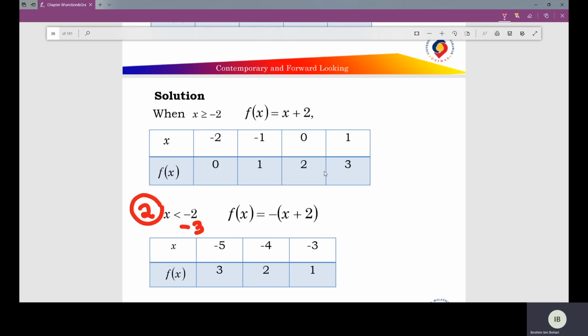You substitute these values into the function, so you find f of negative 3. For x equals negative 3, y equals 1; then negative 4, 2; and negative 5, 3. Then you plot all the points.